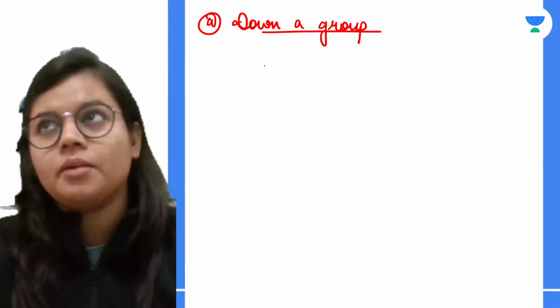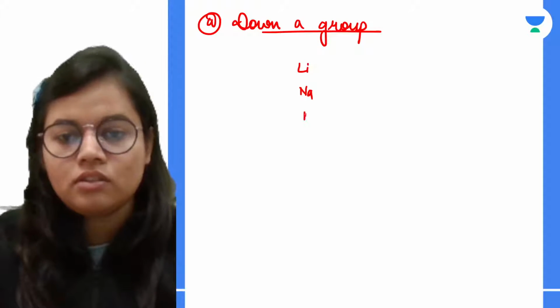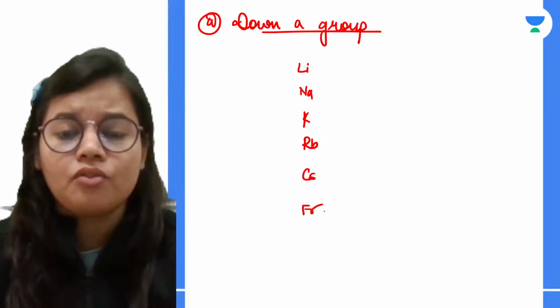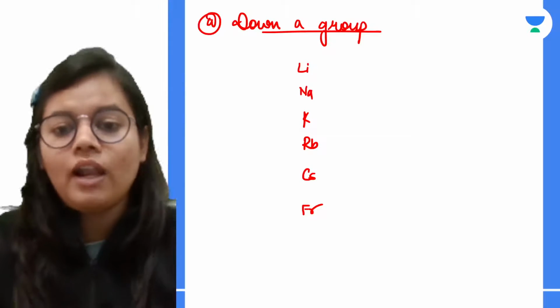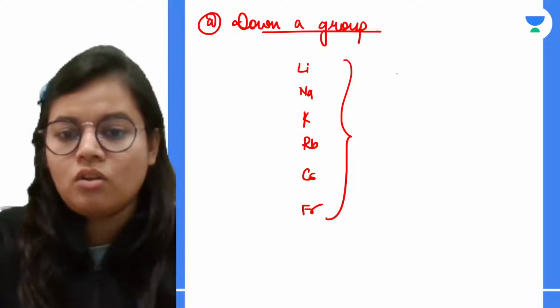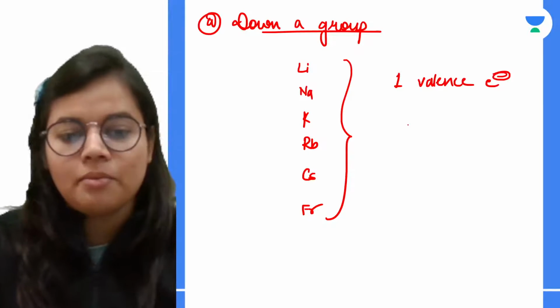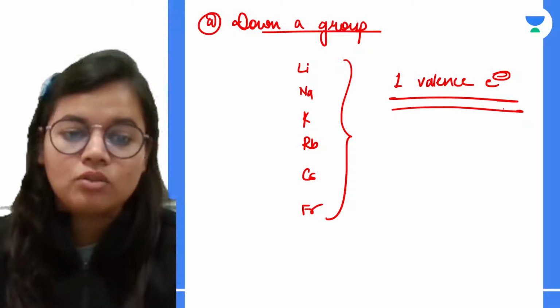Let's see, let's talk about the alkali metals. These are the elements of group number 1, alkali metals. They all have one valence electron. It stays the same, right? Now they are all having one valence electron, so what will they do?